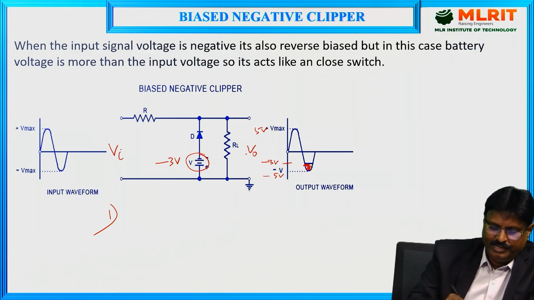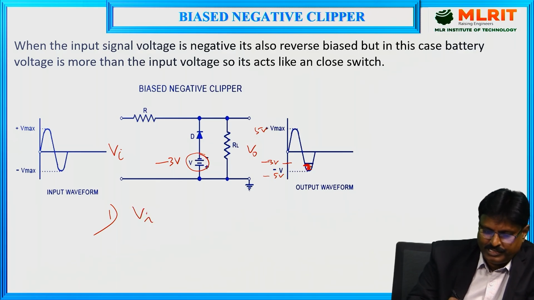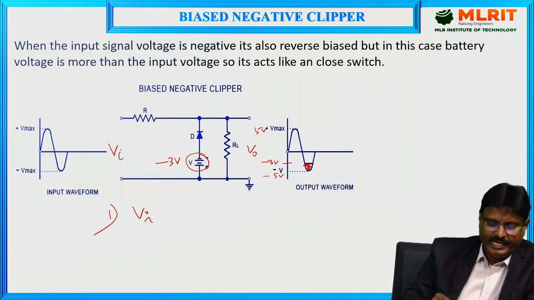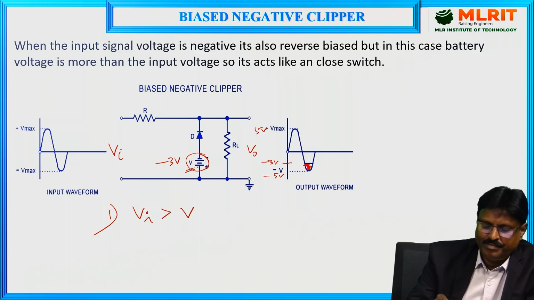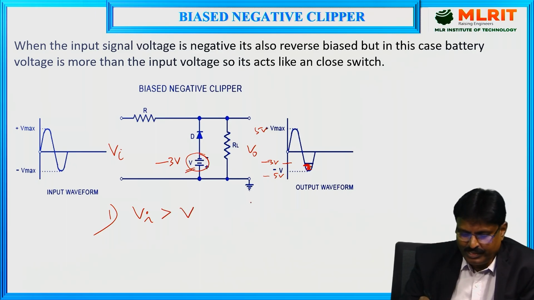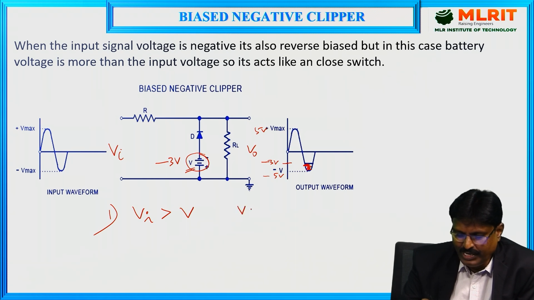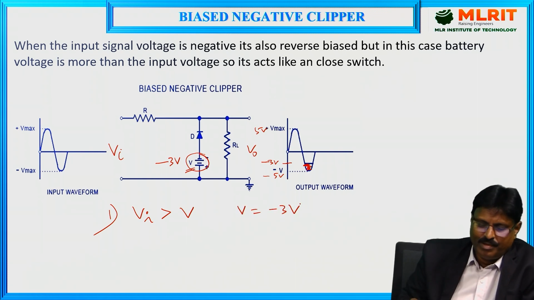Let us take the case 1, Vi greater than V. V means the battery voltage. Here the battery voltage we have taken V as minus 3 volts. Let us go to the operation.